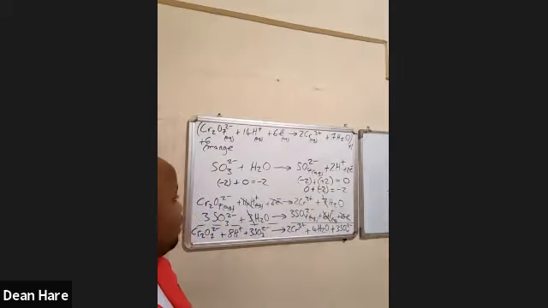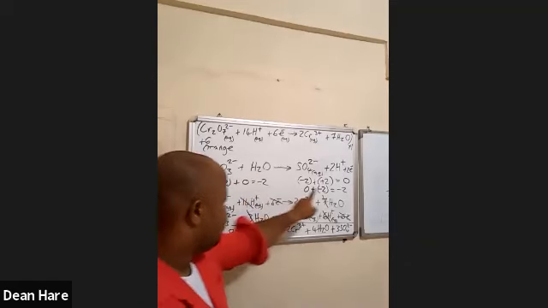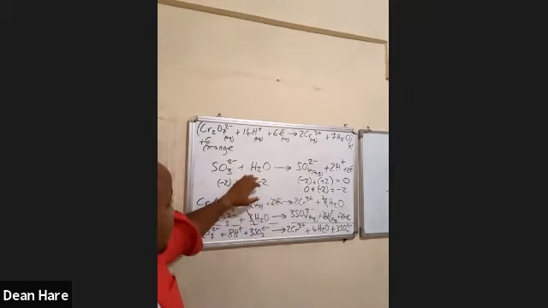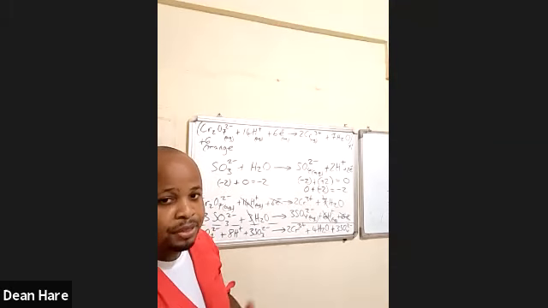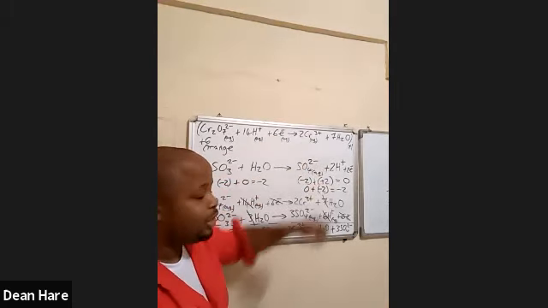All right. So this equation has now been balanced in terms of atoms and charge. The charges on both sides are equal. So once you have balanced both half equations in terms of atoms and charge, the next step is to cancel the electrons.